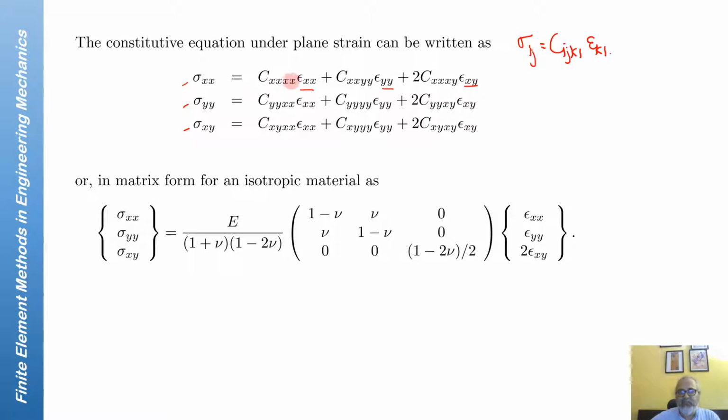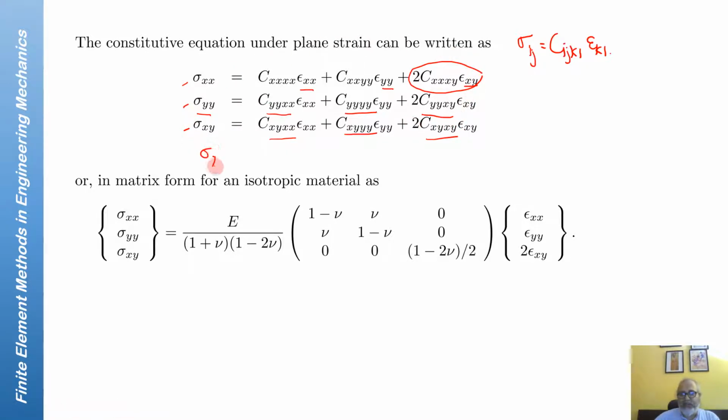So sigma xx will be related to C1111 epsilon 11, C1122 epsilon 22, and then C1112 epsilon 12 and C1121 epsilon 21, both of which are equal and lead to this term. So again, yy will have 2211, 2222, and 2212. xy will have 1211, 1222, and 1212. So these are the only terms.